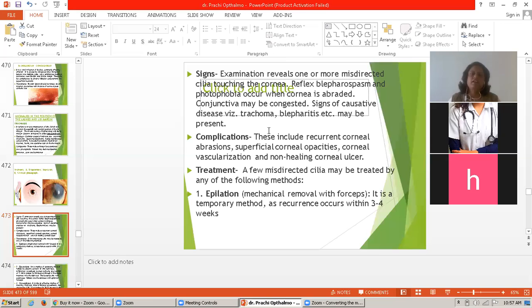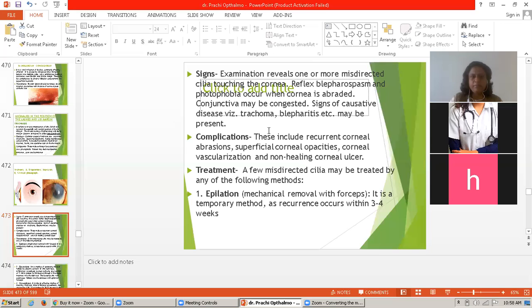Complications include recurrent corneal abrasion, superficial corneal opacities, corneal vascularization, and non-healing corneal ulcer. And treatment is that a few misdirected cilia may be treated by any of the following methods.